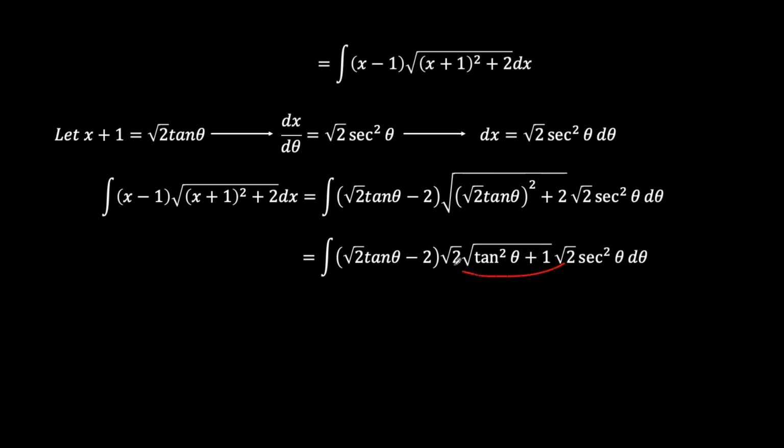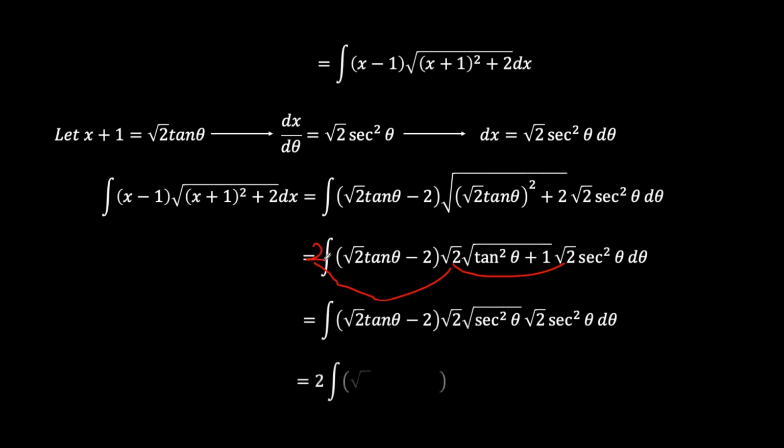As you can see, this and that multiply with each other, and we can take this out here as 2, right? And tan squared theta plus 1 is sec squared theta, square root of sec squared theta is sec theta. Sec theta times sec squared theta becomes sec cubed theta. And we have put our 2 here as needed.